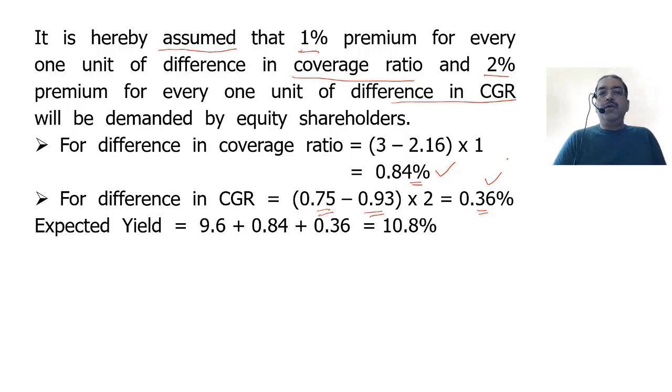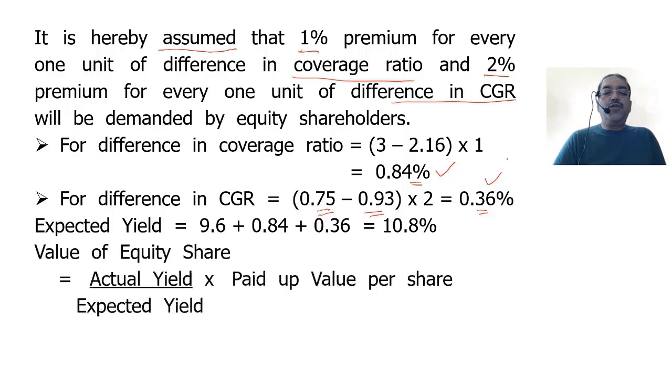And now, the value of equity share will be given by the formula: actual yield upon expected yield, into paid up value per share. Actual yield is 4.39%. Expected yield is 10.8 that we have got here.